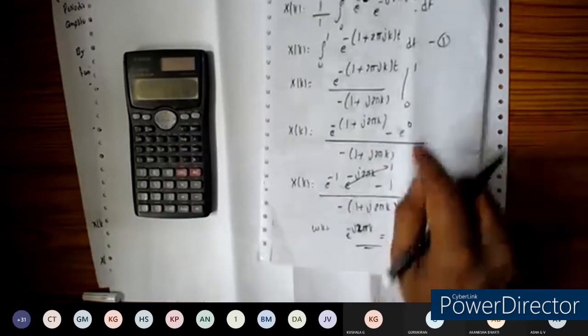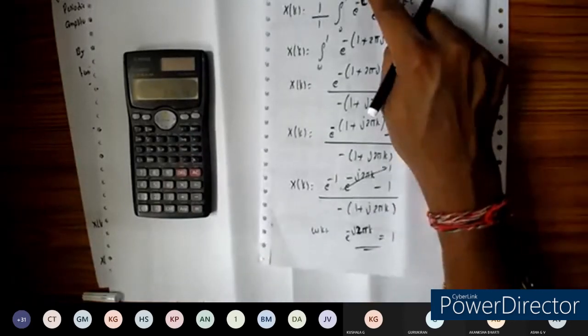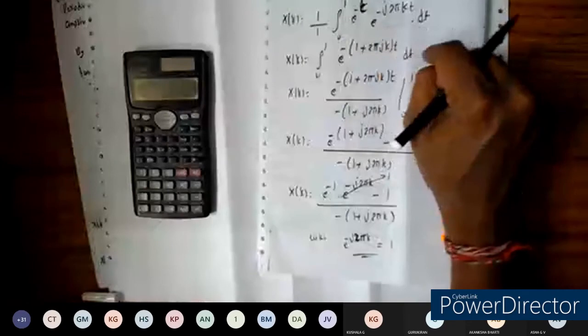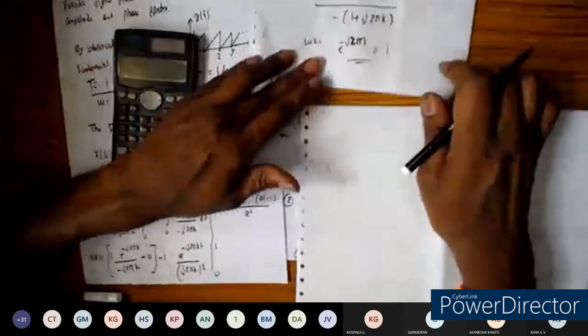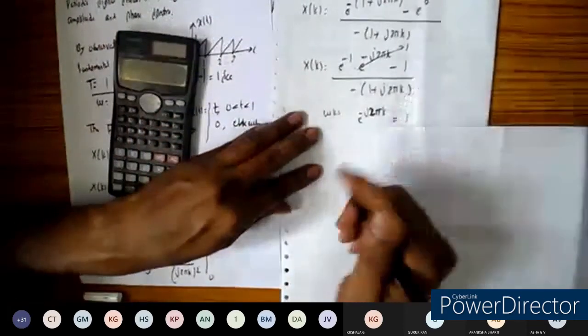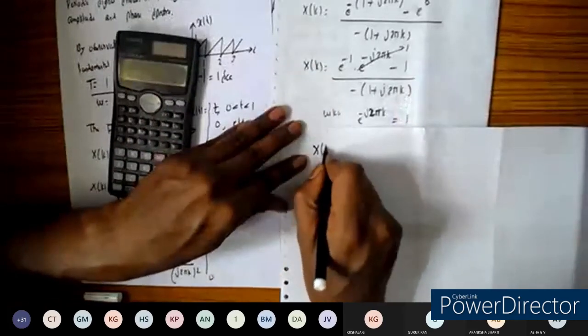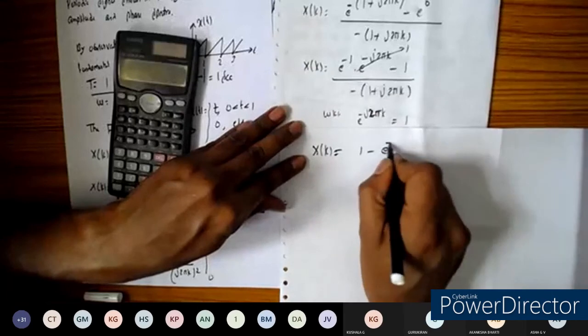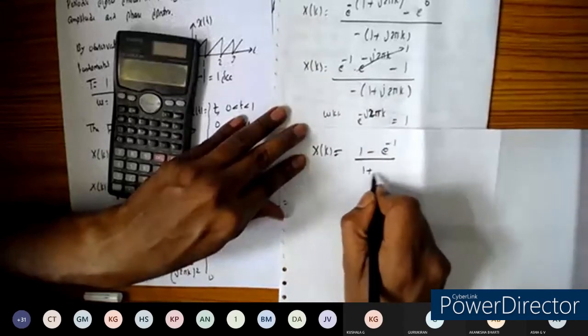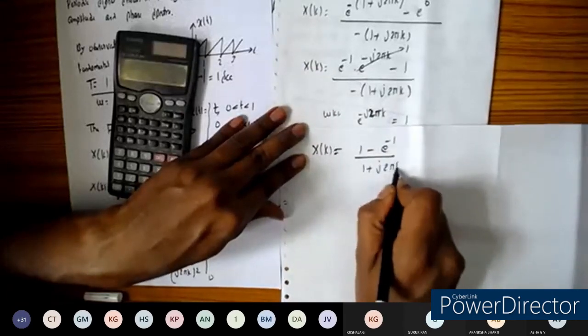So what we have done is we have substituted the value for x of t, we integrated here, and we got this expression, and we are substituting this. So x of k will become 1 minus e to the power of minus 1 divided by 1 plus j 2 pi k.